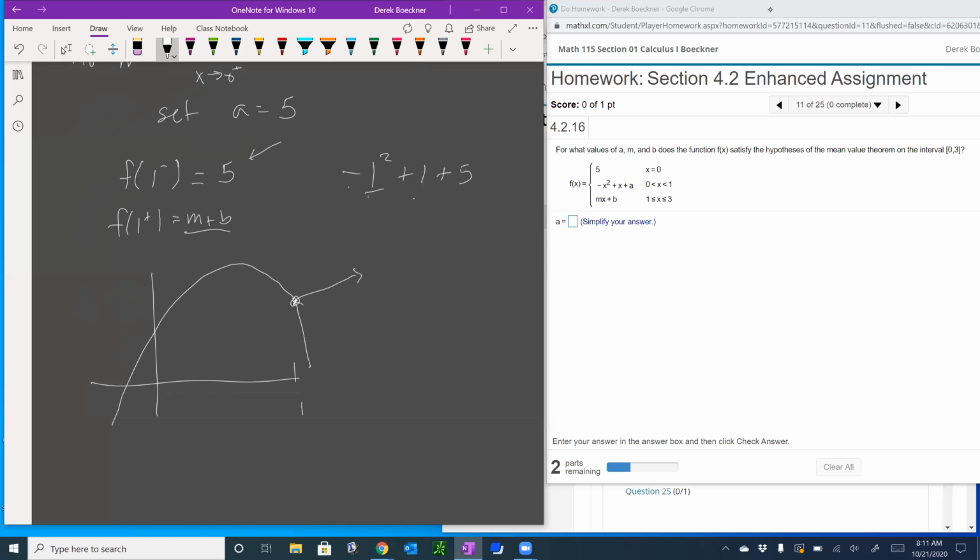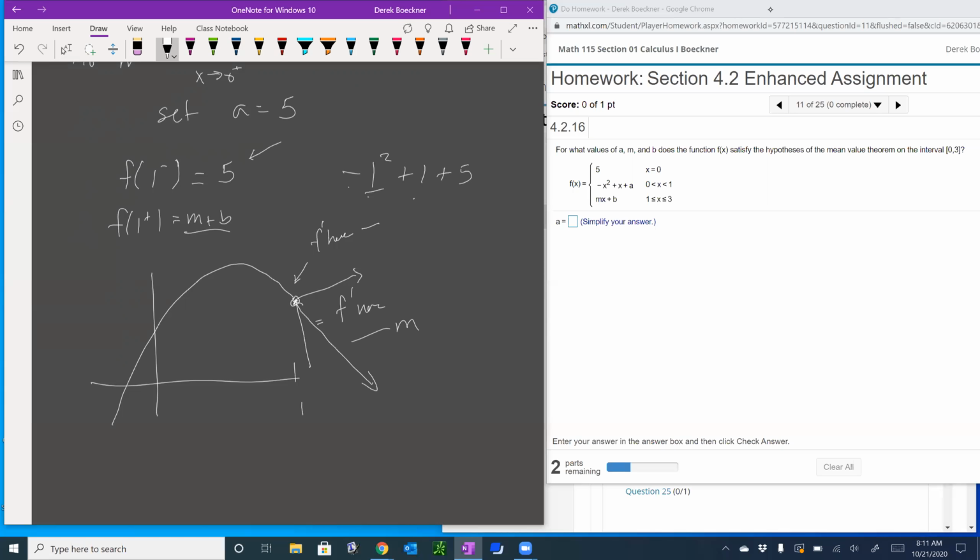What I need is to continue in the exact same direction as I was going before, not with a curve, but with a straight line. So what I want is the derivative here to equal the derivative here. Does that make sense? Okay. The derivative here is m, because that's the derivative of the straight line.